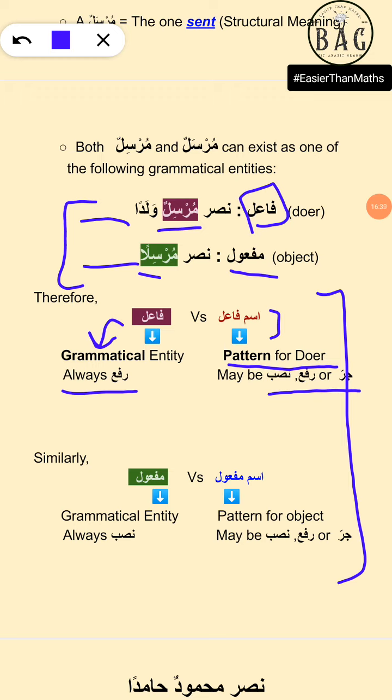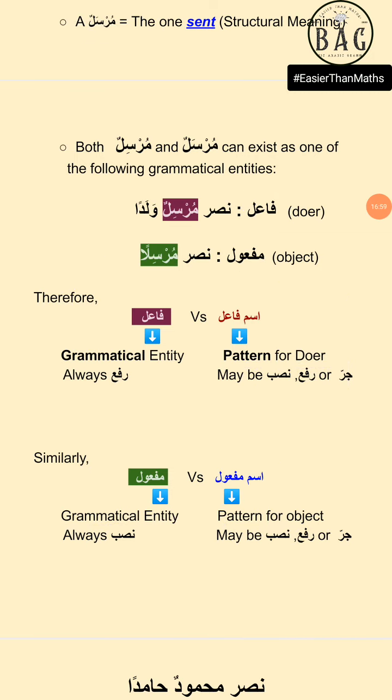Similarly, a maf'ul is a grammatical entity and it is always going to be in nasab form, and ism maf'ul is actually the pattern for an object, but it can be in rafa, nasab or jar, because this is the pattern and this is the grammatical entity. I hope that this is clear.